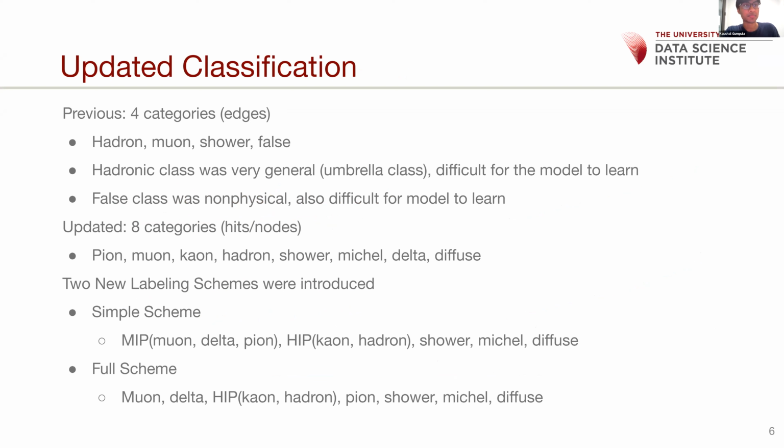Specifically, we moved from just 3 hit categories, hadronic, muon, and shower, to 8 hit categories, which you can see labeled over here. In addition to this, we introduced 2 new labeling schemes: a simple scheme, which merged these 8 categories into 5 classification targets, as well as a full scheme, which merged these 8 categories into 7 classification targets.